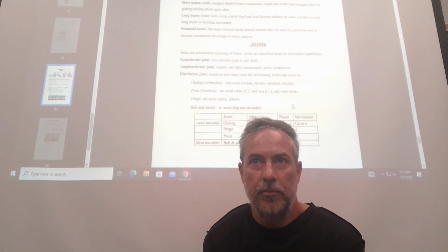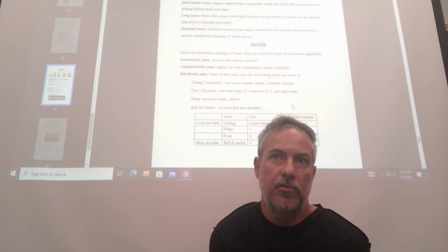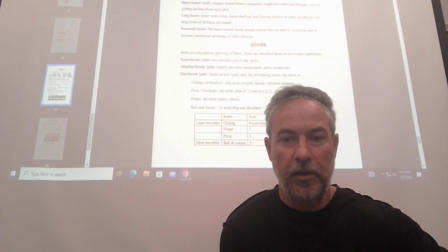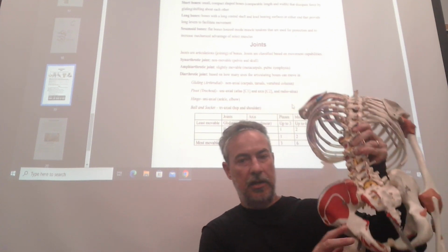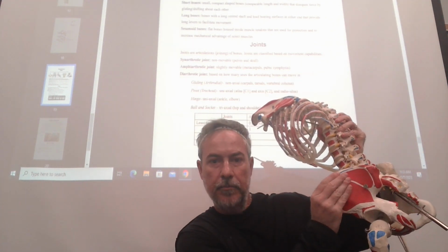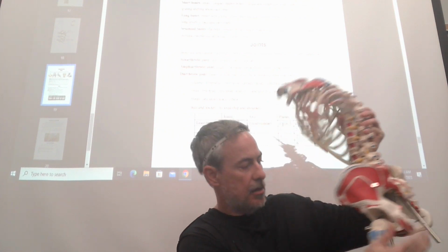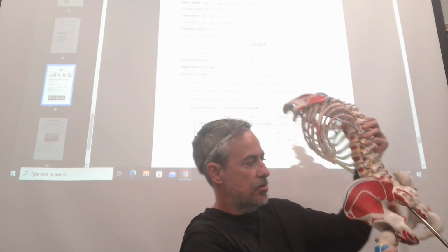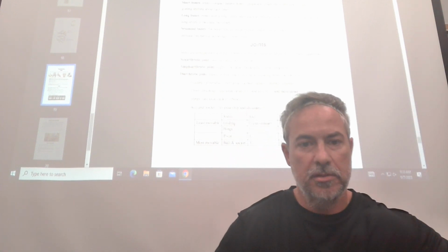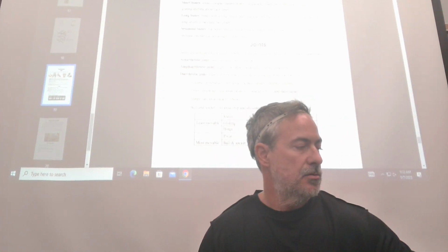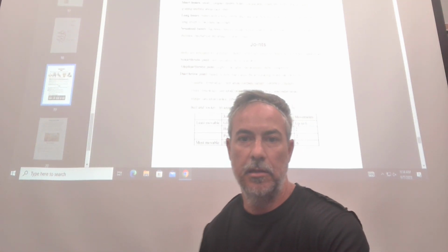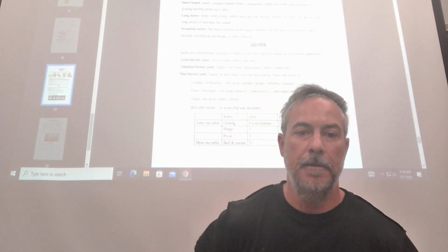Some of the synarthrotic joints that are going to be important to us are in our pelvis, where we have the ilium, the ischium in the back, and the pubic bone in the front. Those are three separate bones that, just like in the skull, are allowed to grow and expand and then fuse up, okay?